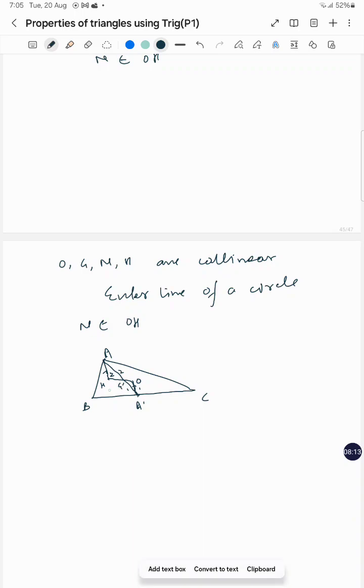So AG prime upon G prime A prime is 2, and we know that A prime is the median, and the centroid divides the median in the ratio 2:1. So G prime is actually the centroid.